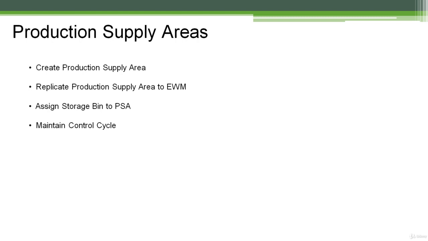We will further assign storage bins to these production supply areas. So which production supply area for which part, which is the bin where we have to supply the product. We will also maintain the control cycle to ensure the staging takes place from EWM.